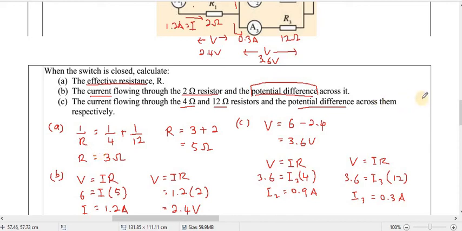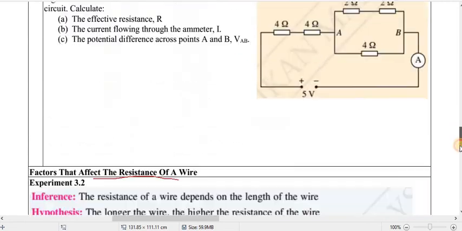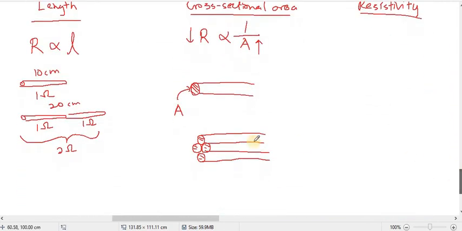Get the idea? So if the cross-sectional area is high, then the resistance will be low. This is the explanation using the concept of the series parallel circuit.